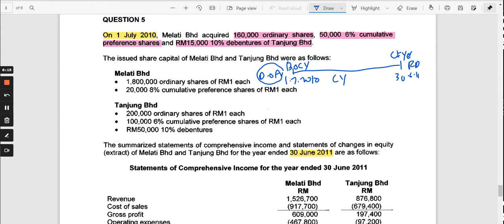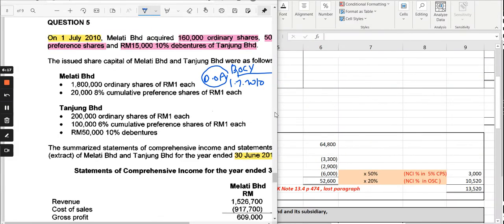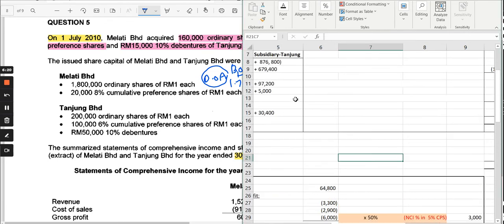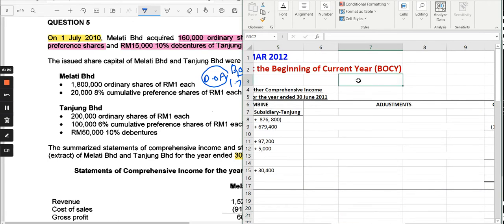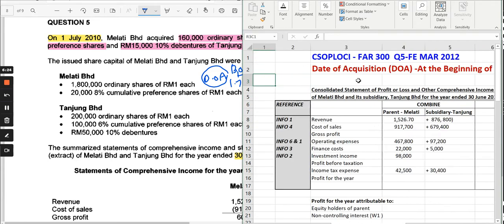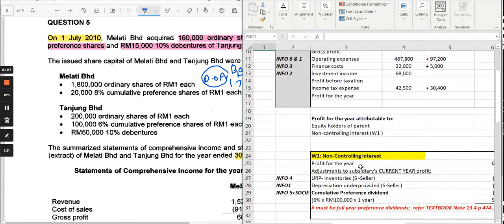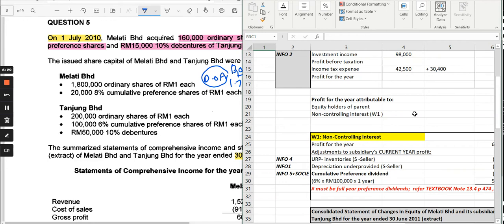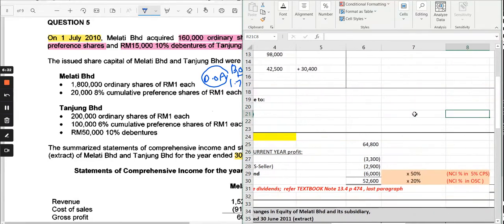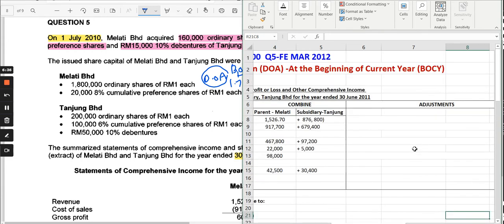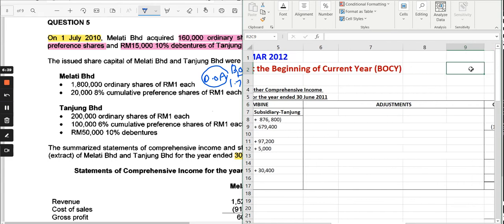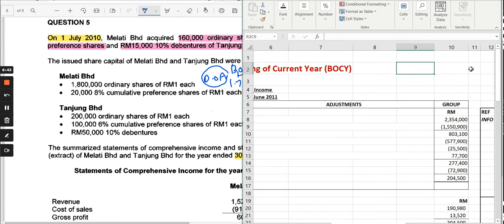And for your information, I've already done that here in my template or my working section, where if you have calculated correctly, the ordinary shares that were acquired is 80%. Therefore, the non-controlling interest is 20%.